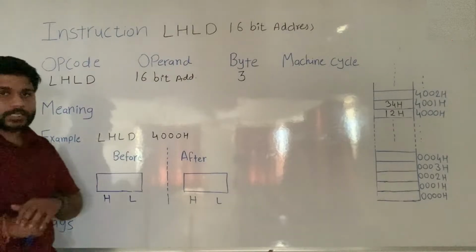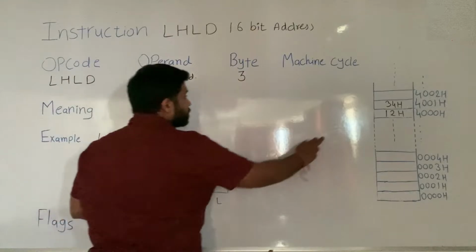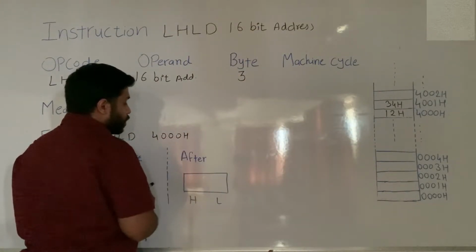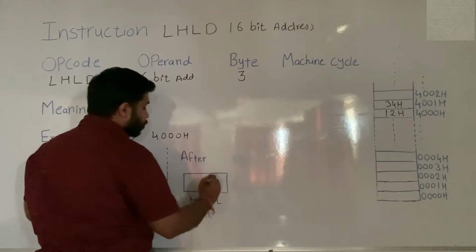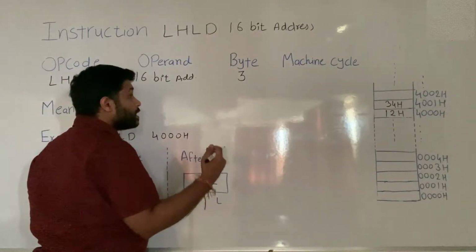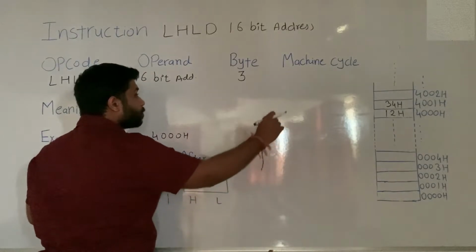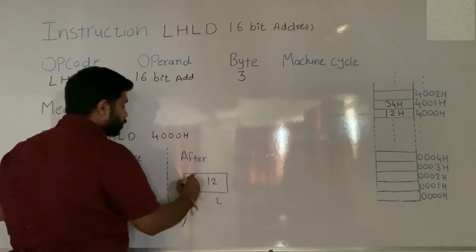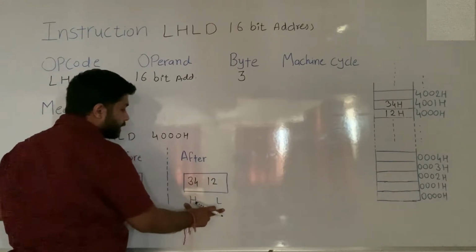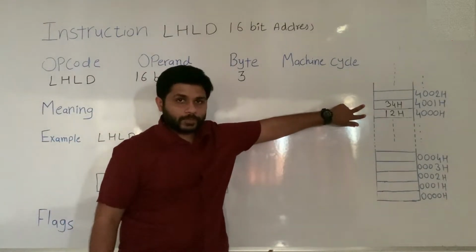Now, how will the data be transferred? In the first step, the data which is present in 4000H will be moved to L. You can see that in 4000H, 12 is present. So 12 will be moved to L. After that, the memory location will be incremented by 1 and data from 4001H will be transferred to H. So to transfer 16-bit data, the processor has to read 2 memory locations.